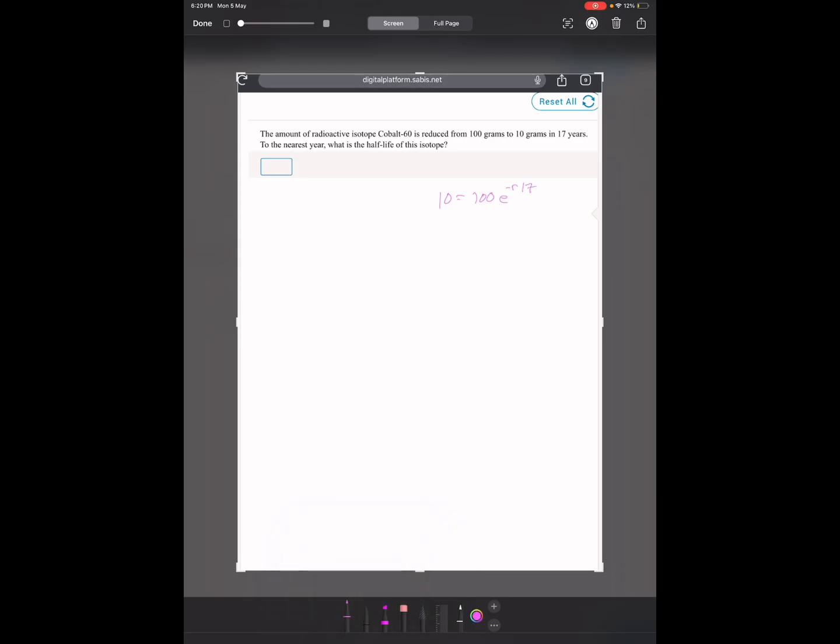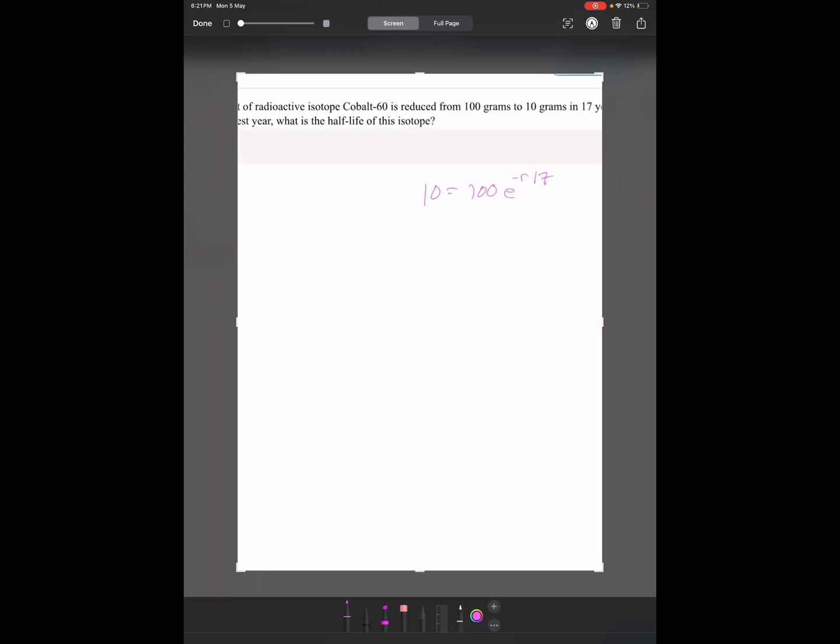Because when you use one for r, you need to use another one to find anything else. You can't use the same time for r for anything else. This means after this we're going to find t by substituting 1 over 2 and 1. Okay, so we're going to move this to the other side.